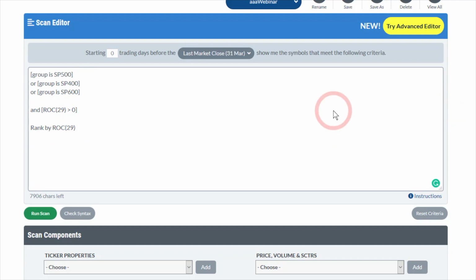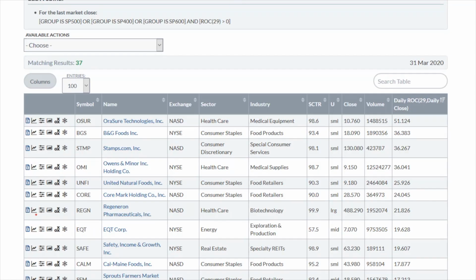If you're picking stocks, you would need these to be positive over the last 29 days to make money in a bear market. So if I click run on that scan, you can see the results, 37. So that is 2.47% of stocks in the S&P 1500 are above or up since February 19th, which is when SPY peaked. And that makes it really, really hard to pick a winner.